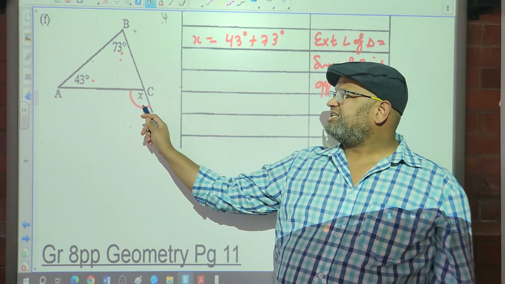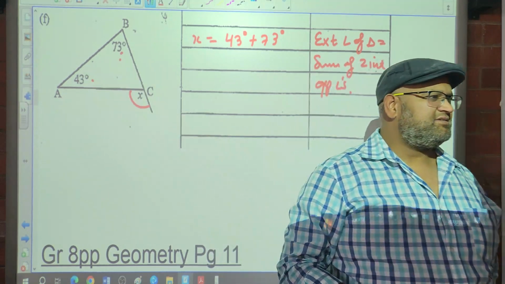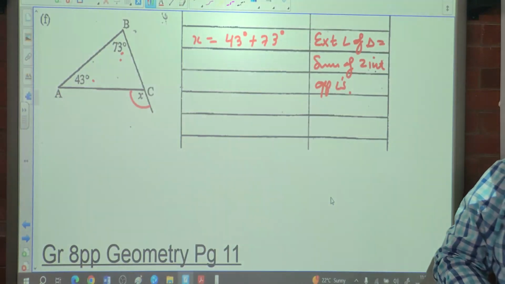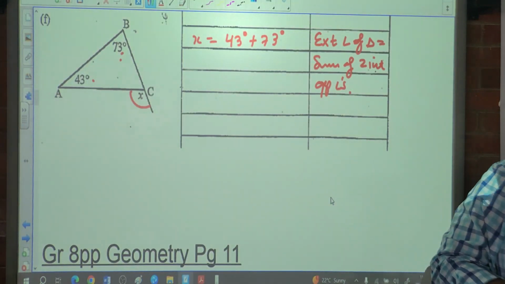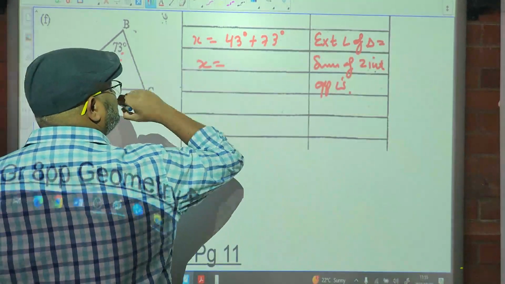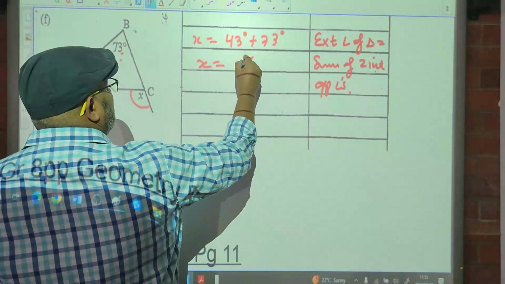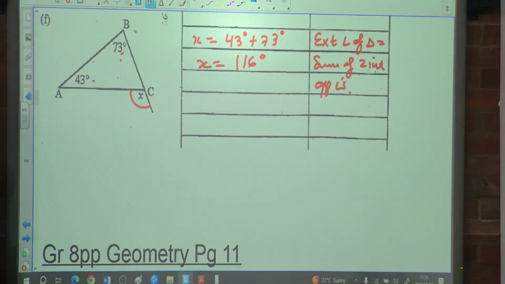Again, the exterior angle is equal to the sum of the two interior opposite angles. Okay, is there any confusion? Alright. So in other words, x is equal to 116 degrees. Okay.